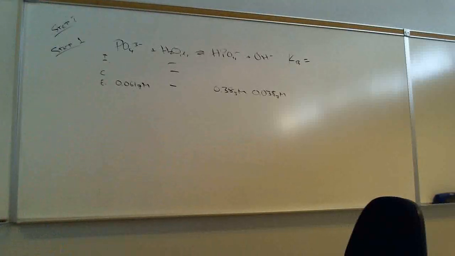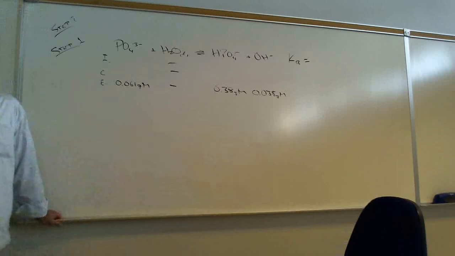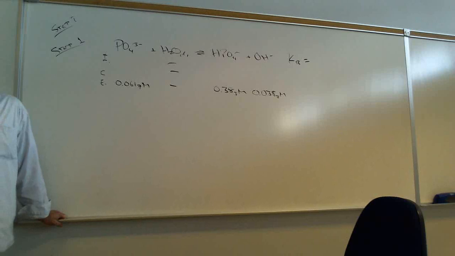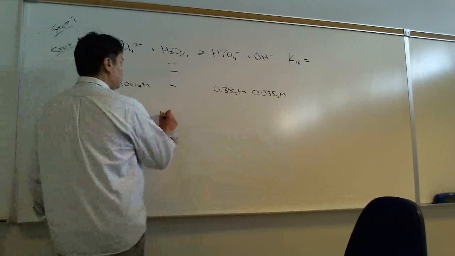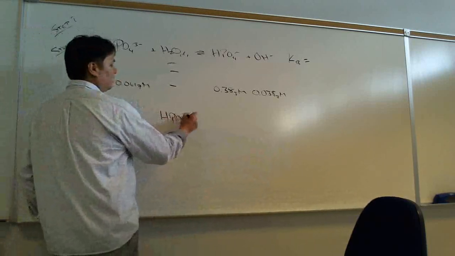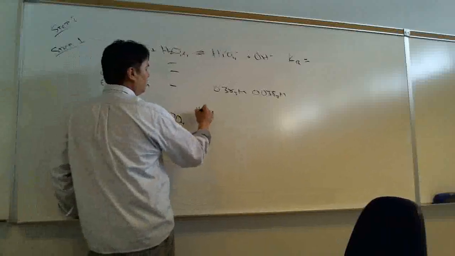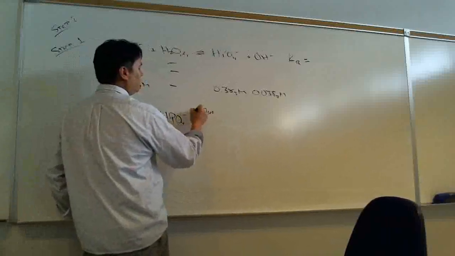We did phosphate. Well, we're left with monohydrogen phosphate. Now, monohydrogen phosphate is, did I talk about this? Is amphoteric. Amphoteric species can collide with water and lose a proton, or it can collide with water and gain a proton. The situation with monohydrogen phosphate is it can collide with a water molecule in two ways.